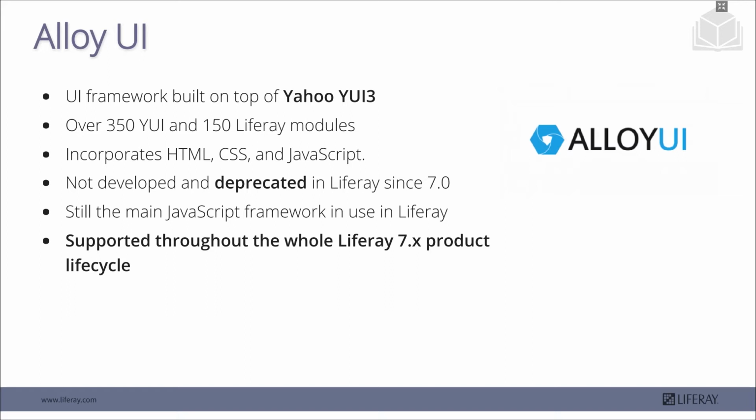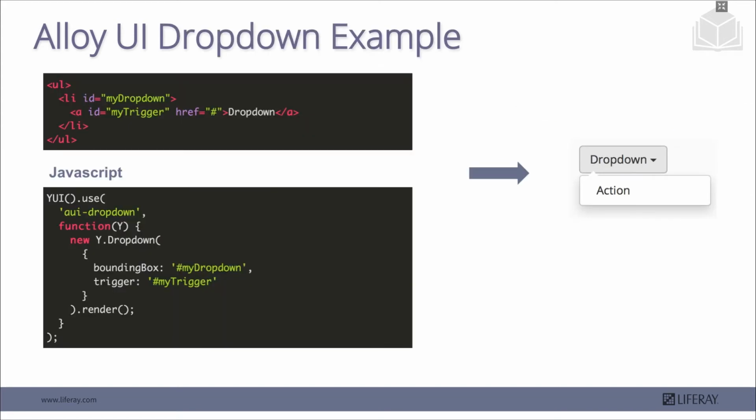But with that being said, you are still able to use Alloy UI, and in fact, you may even see it along the way. So this is why we're covering it. Even though it's kind of a part of the past, it's still following us today. It's still supported in the sense that you can still use it. Okay, so Alloy UI.